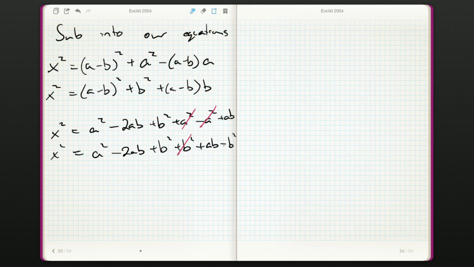So these extra little fellas cancel out. One of those goes away with one of those goes away with one of those. So in both instances, I know that x squared is a squared minus ab plus b squared. So now I've got x almost in terms of a and b, I've got z in terms of a and b, and I have y in terms of a and b.